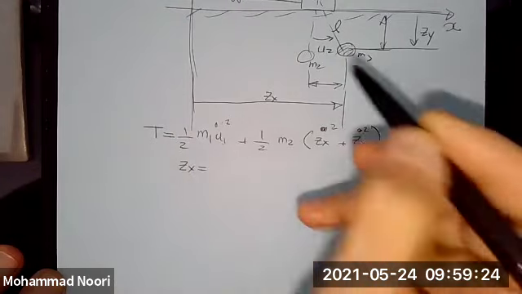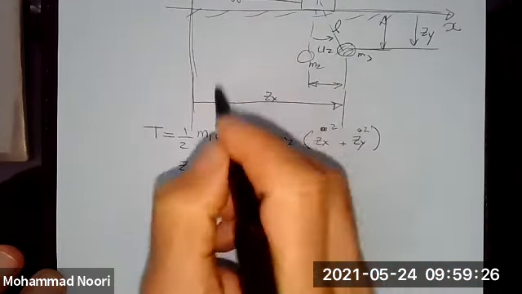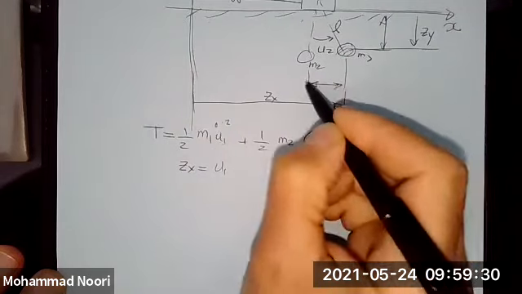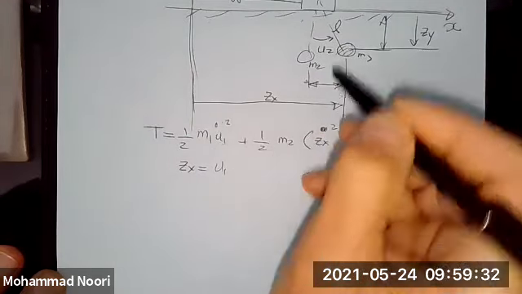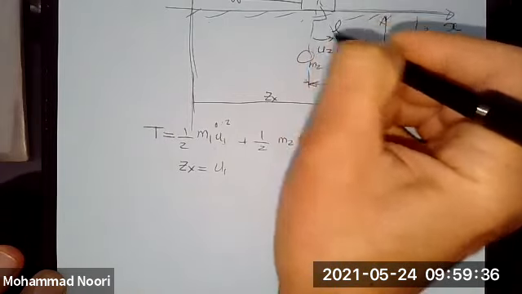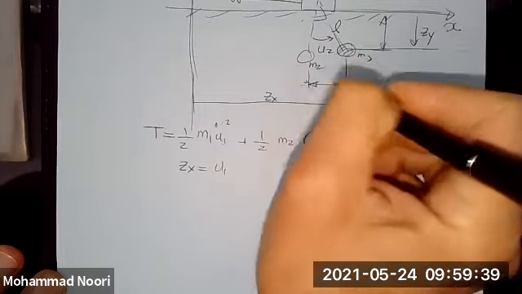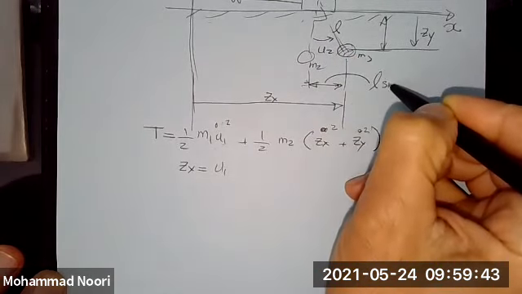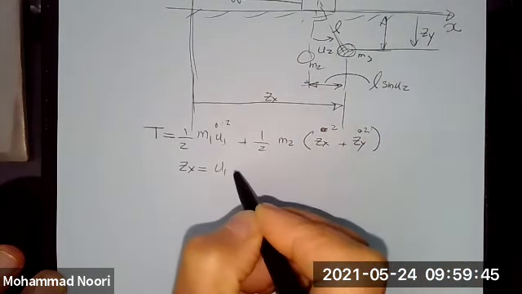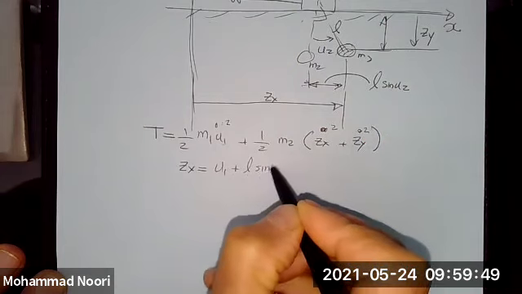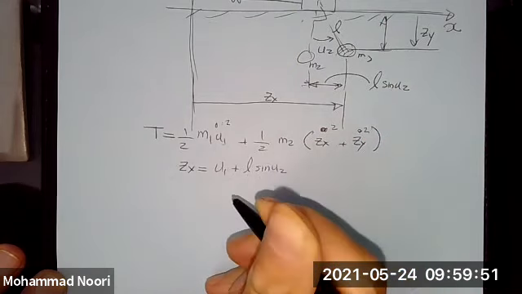Zx is what? It is U1 plus this distance, right? And what is that? If this is L, and this angle is U2, this is L sine of U2. So it would be U1 plus L sine U2.